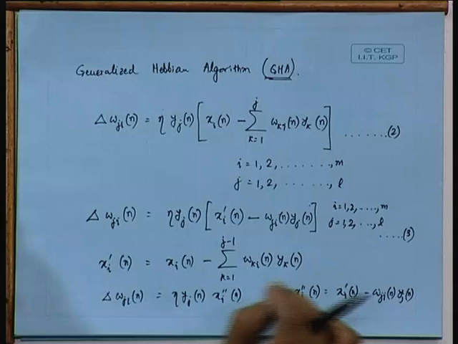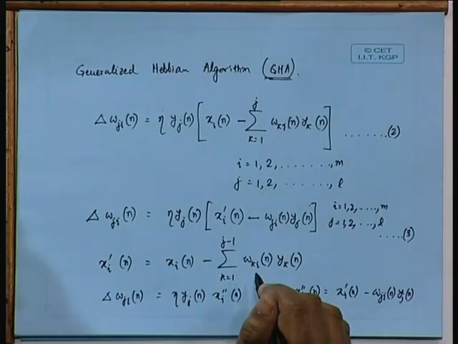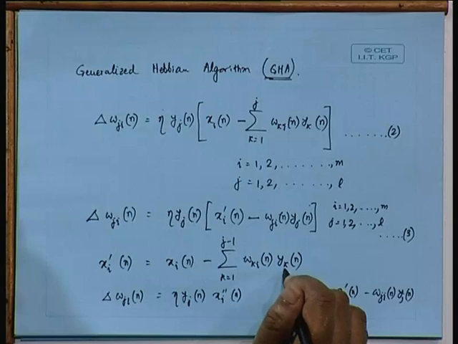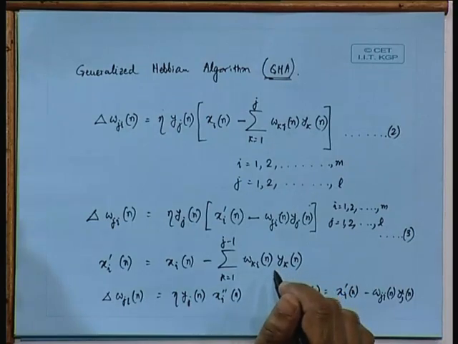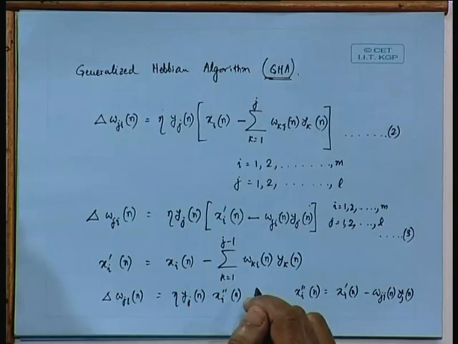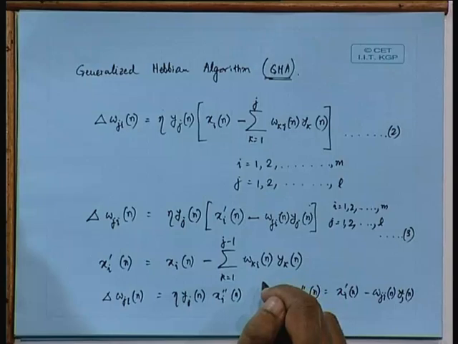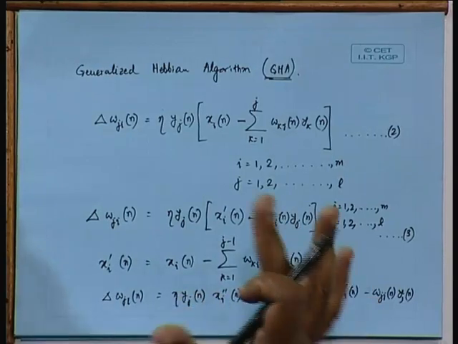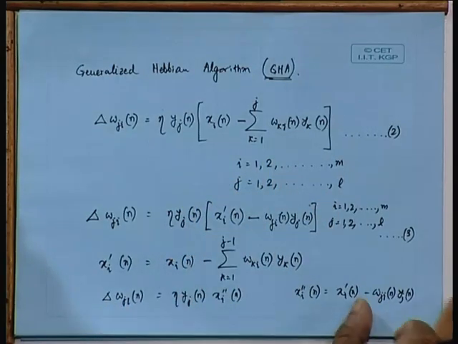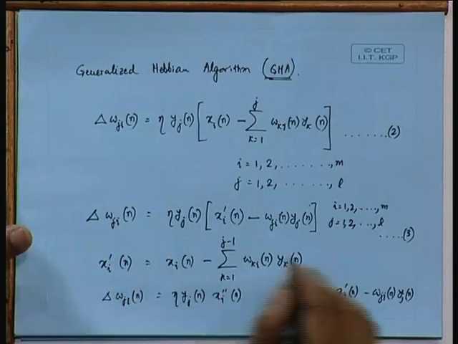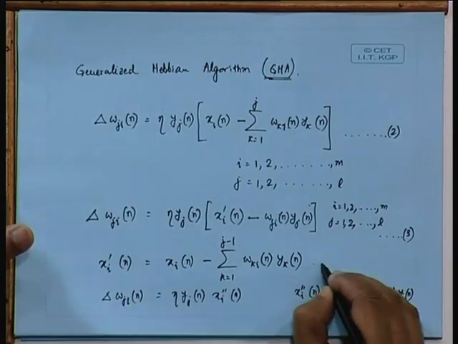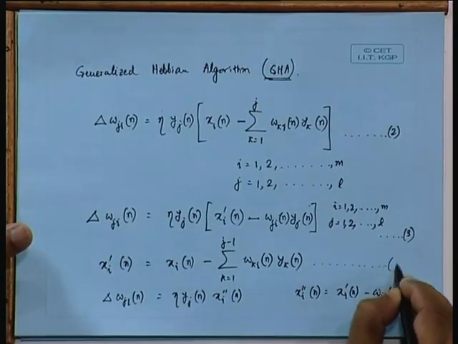From that we subtract the term w2i n y2 n, then w3i n y3 n. So it follows a flow like this. Let us call this equation number 4.